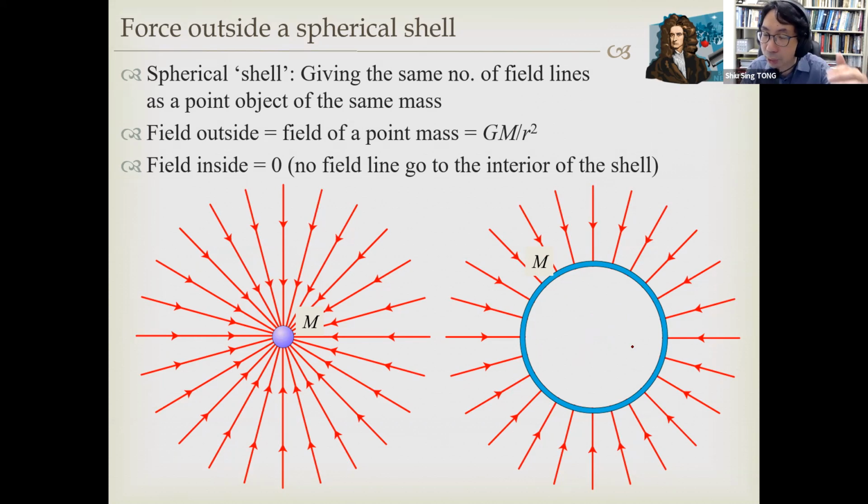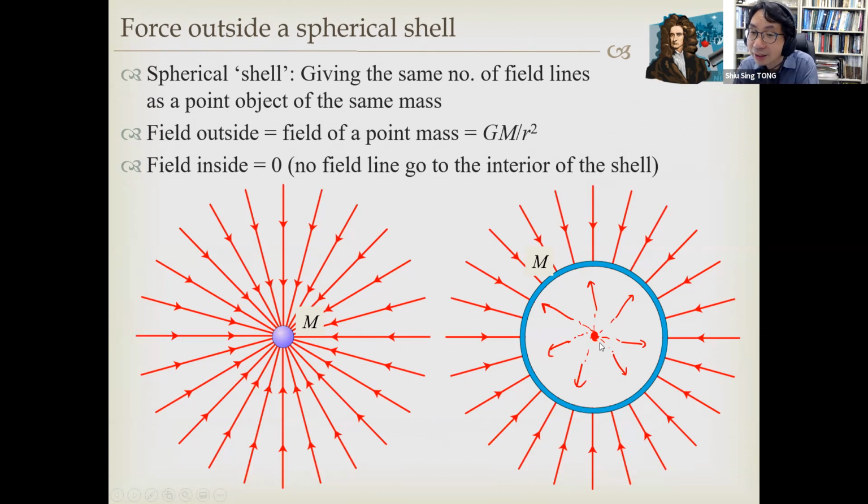But since the mass is concentrated on the surface, we expect the field line, if it exists, must be pointing outwards. But if the field line points outward this way, then we extend it backward to the center. The field lines will be meeting there, right? So that will be a center giving out infinitely strong field lines, because at the center all the field lines are concentrated. So the field strength here will be infinite.